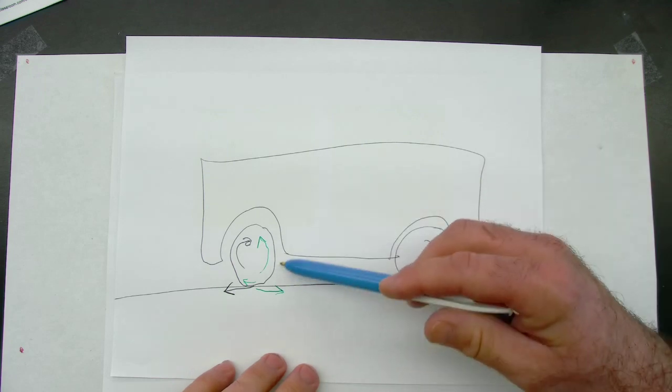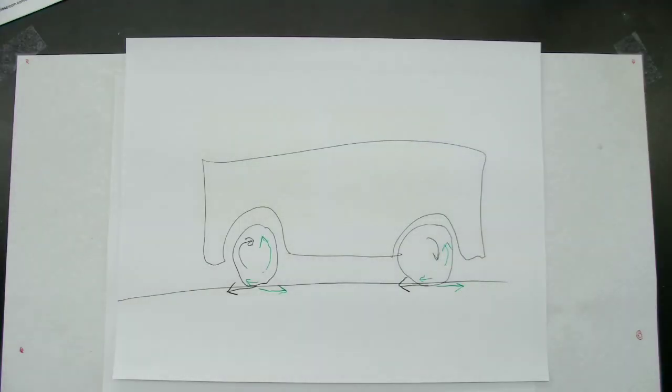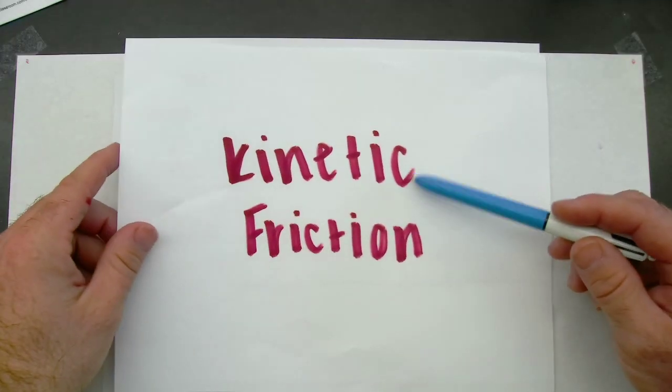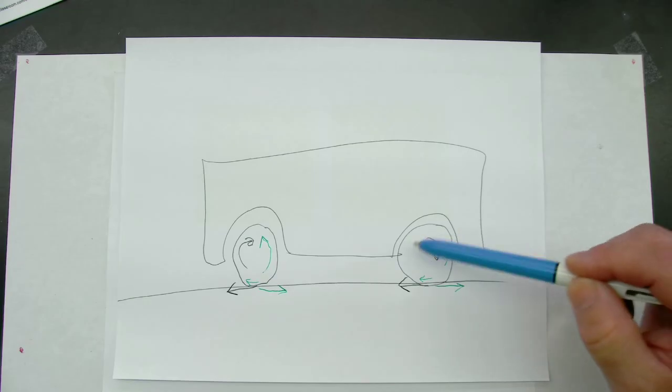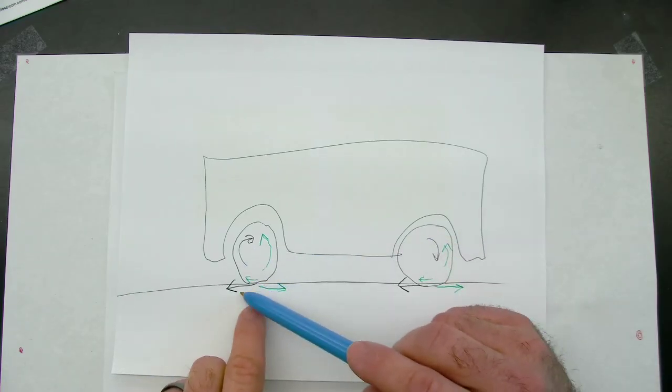These forces, when tires are rolling normally, are static friction because the tire isn't spinning. When the tire starts spinning or skidding, either one, if you're braking or gassing it, you're dealing with kinetic friction where the tire is actually sliding across the surface.